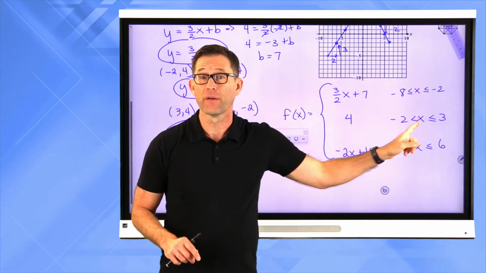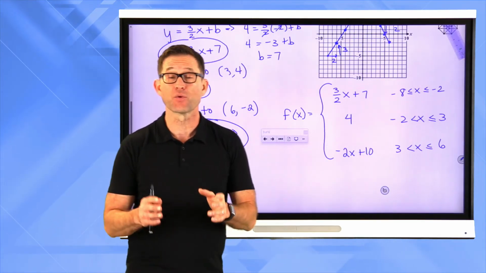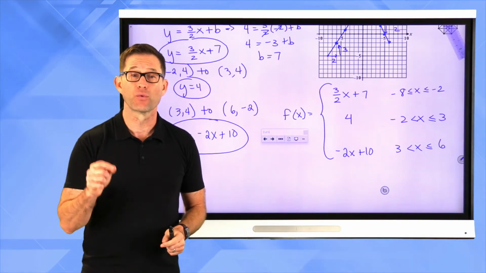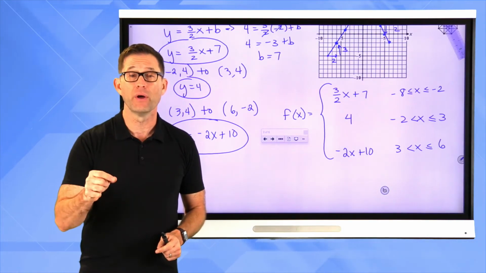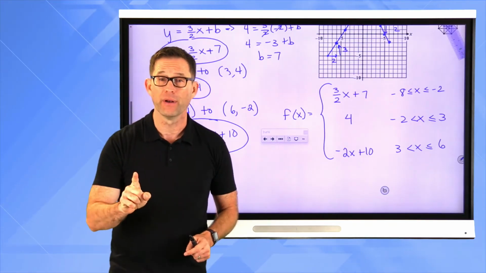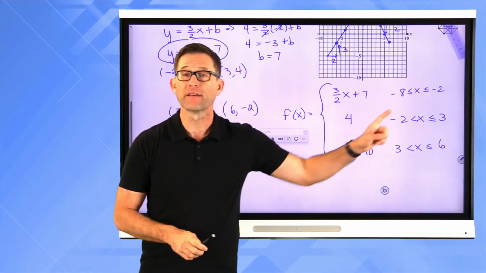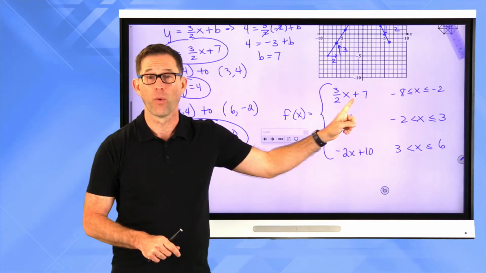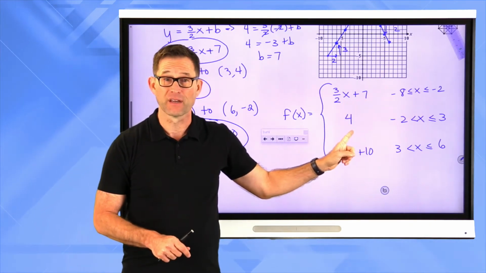You could have the equality on all of these things because, remember, the fundamental definition of a function is that it is a rule for a given input, there is exactly one output, right? And the plain fact is when x is equal to -2, this formula is going to give you 4, and that formula is going to give you 4.